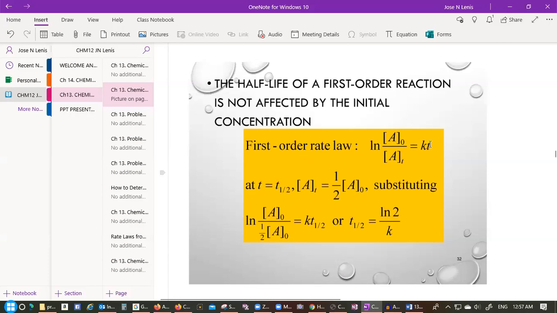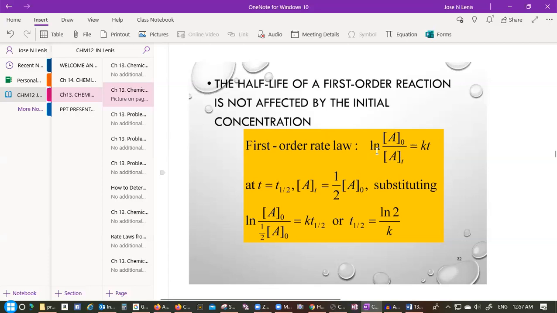That means at that time, at time t, we'll have half of the initial. So concentration at time t for half-life is going to be half of the initial amount. That's the definition of half-life.